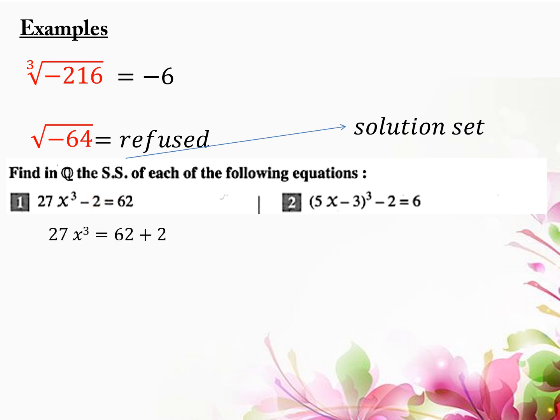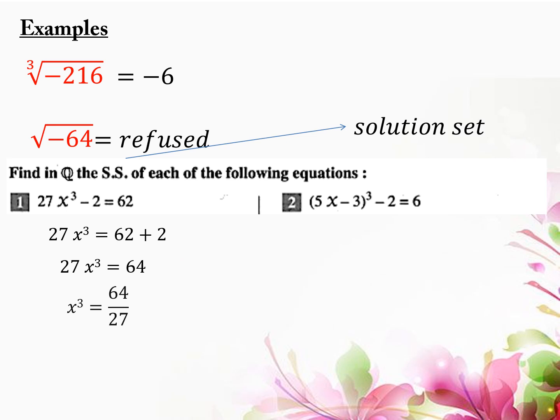Let's see. Then 27x power 3 at the left hand side equals 62 plus 2. Then 27x power 3 equals 64. Now 27x power 3 means 27 multiplied by x power 3. To remove 27 from the left hand side, we will move it by the opposite operation, division.